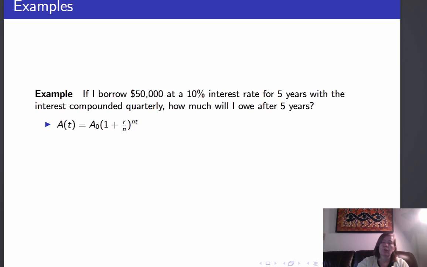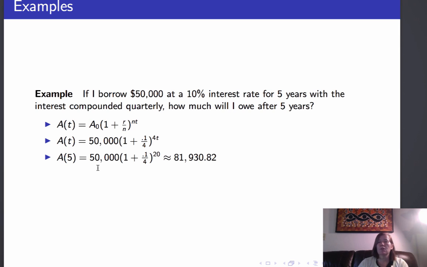And we have to figure out what r is and what n is in our formula. So A0 is 50,000. The interest is being compounded quarterly, so n is 4, and the interest rate is 10%, so r is equal to 10 over 100, which is 0.1, and this is the amount I will owe after t years.